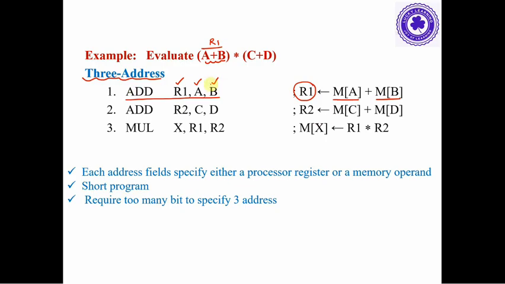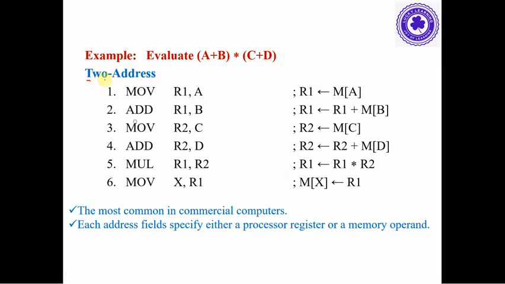Three addresses we are representing. Similarly, C plus D needs to be stored into R2, that is add R2 comma C comma D, so that finally R1 and R2 are multiplied and the result is stored into X. Now these are the computer instructions with respect to three addresses.